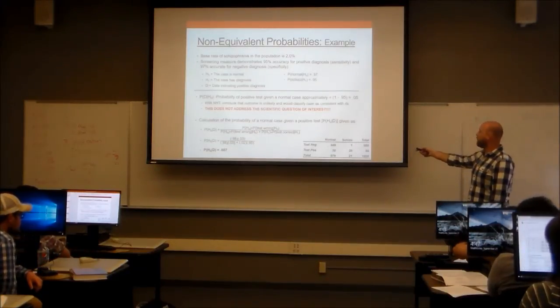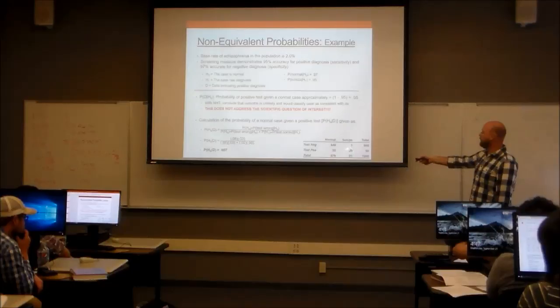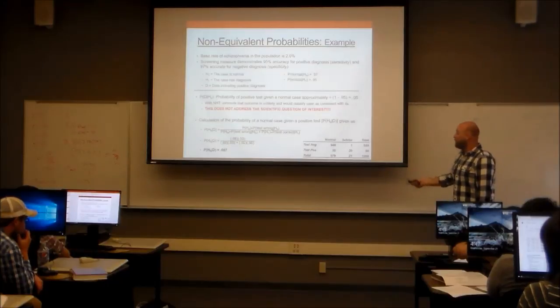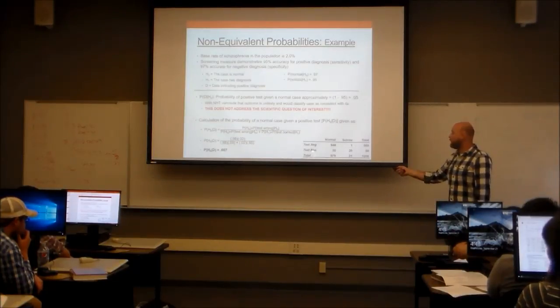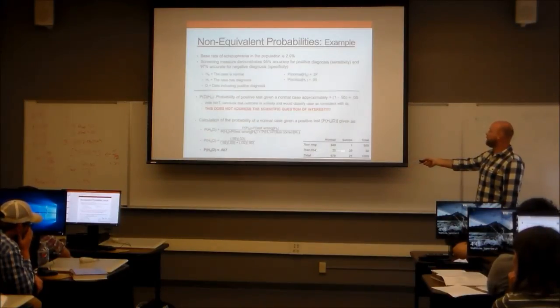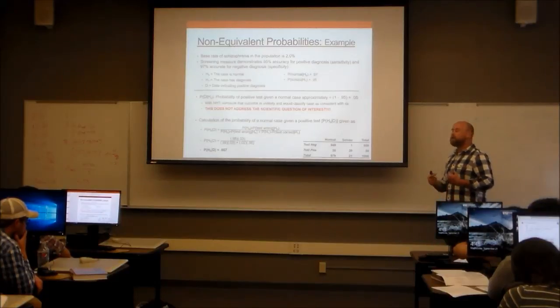And if I take the probability of a positive test given that someone has schizophrenia, that's 20 divided by 21, which gives me about 0.95, right? What happens though, is if we take a look here and ask, all right, the probability of a normal case given a positive test, that's 30 divided by 50, which gives us this number right here, okay? And so this becomes a problem.